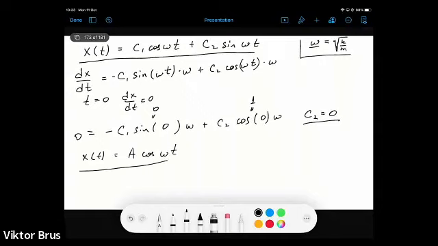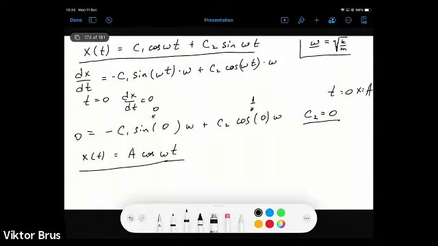As you mentioned at the beginning, there should be some plus phi. So that is a more general form. Because this solution is explicitly for our case, when at t equals 0, x is equal to the amplitude value.